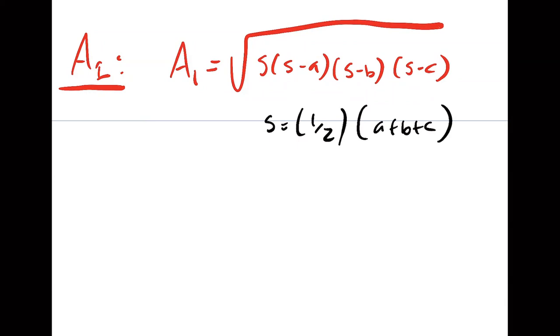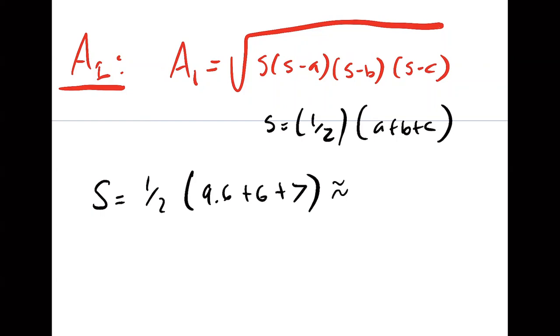So let's compute what our s is. This is going to be 1/2 times 9.6 plus 6 plus 7, and this is about equal to 11.3.